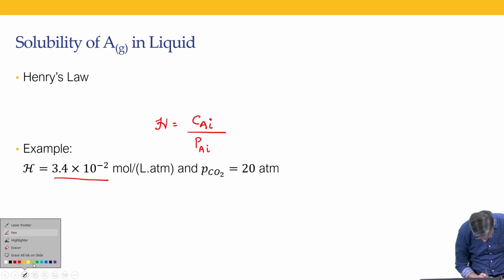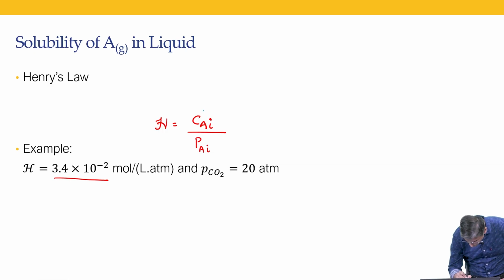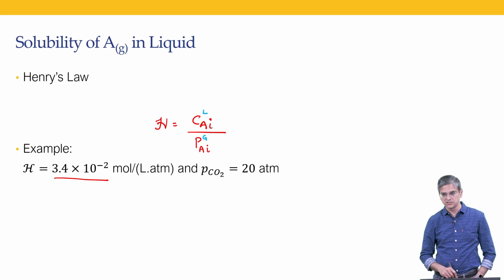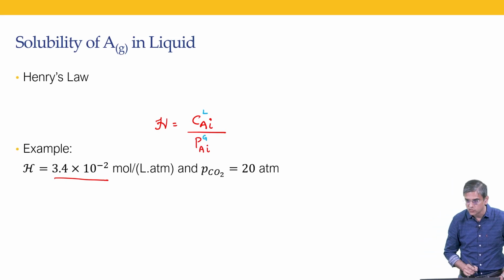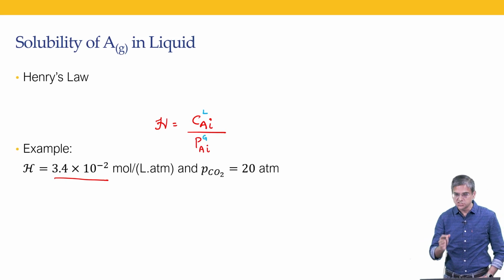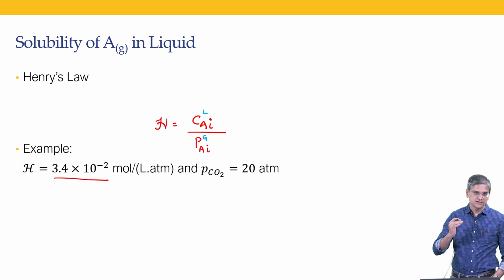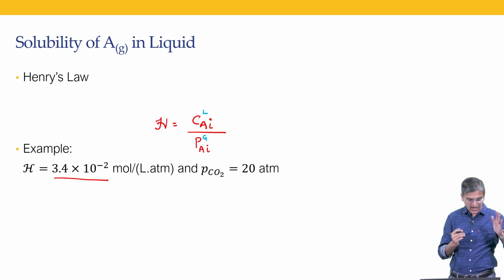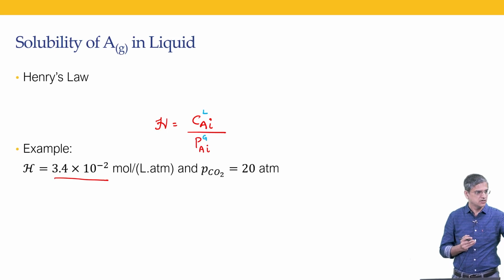Just to ensure that we know what this is, I have put that in a different color. Concentration of A dissolved in the liquid phase at the interface divided by partial pressure of A in the gas phase at the interface.